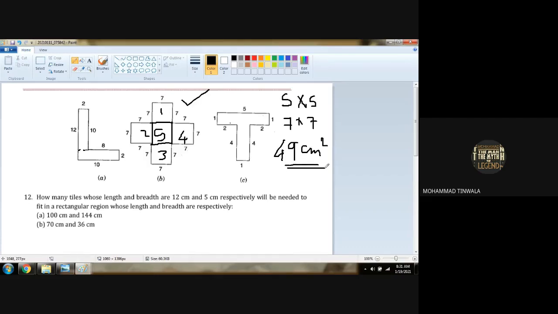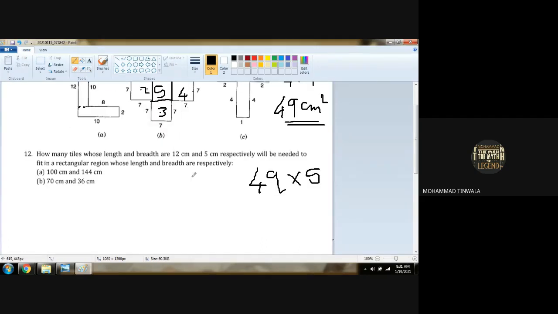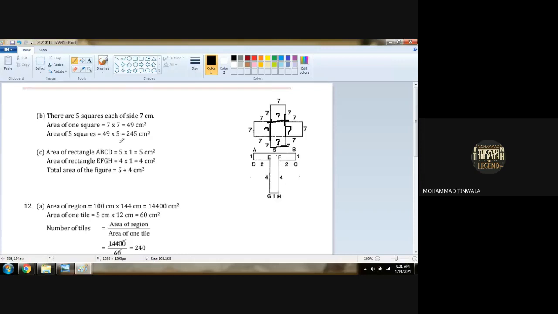Am I right or wrong? Right. So this was for one square. In the whole figure, how many squares are there in total? 5 squares. Total 1, 2, 3, 4, and 5 squares here. So 49 into 5, you will get 245 centimeters square. Is it clear?